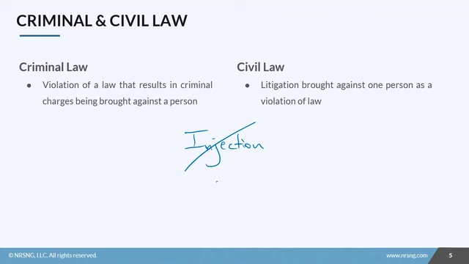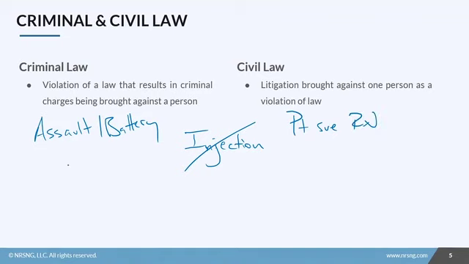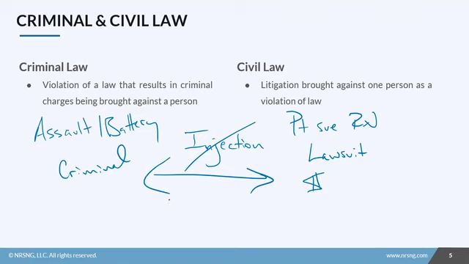Let's say the patient refuses the injection and the nurse gives it anyway. What happens? Well, criminally, they could be charged with assault and/or battery. The other thing that could happen is that the patient could sue the nurse. So this could bring criminal charges, and this could bring a lawsuit, and the nurse could be forced to pay money and also be charged criminally with a crime. And sometimes both of these things happen. The big takeaway is that you need to follow the law, period.